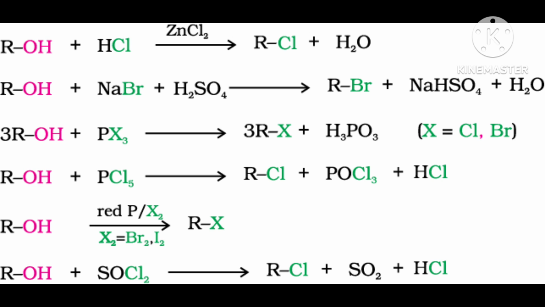Reaction I am telling you. ROH, there is a bond between R and OH. O is attached with R. Then ROH plus HX, X may be fluoride, chloride, bromide, iodide, X is halogen.